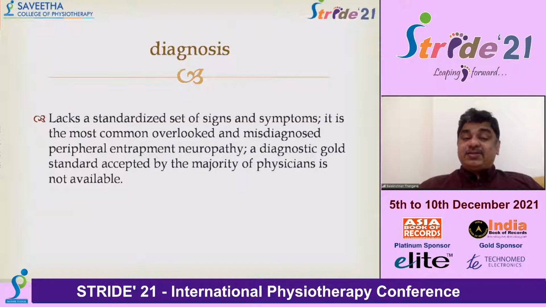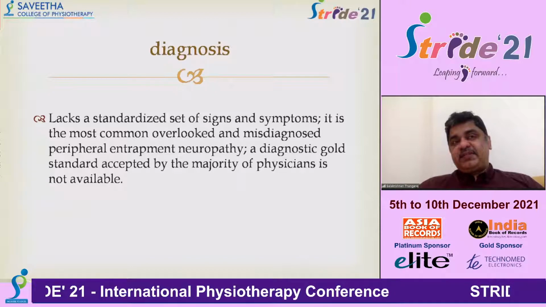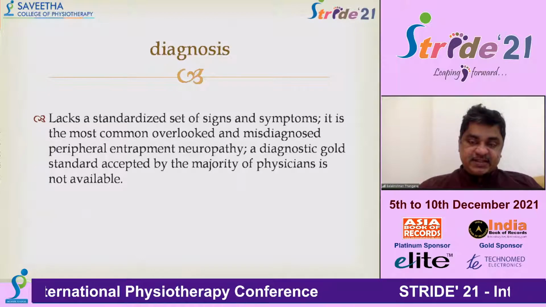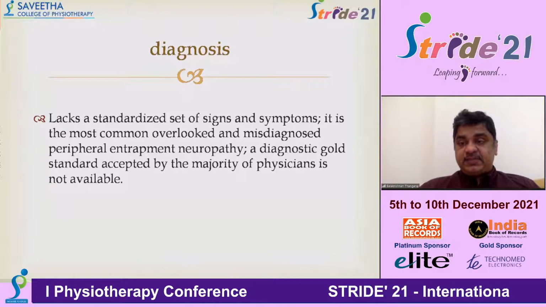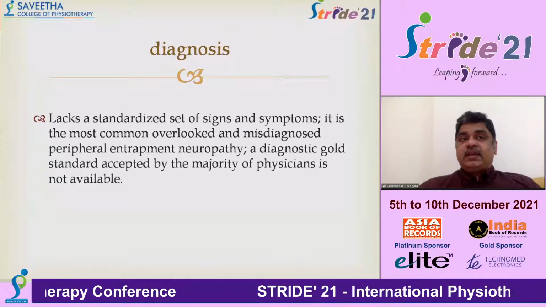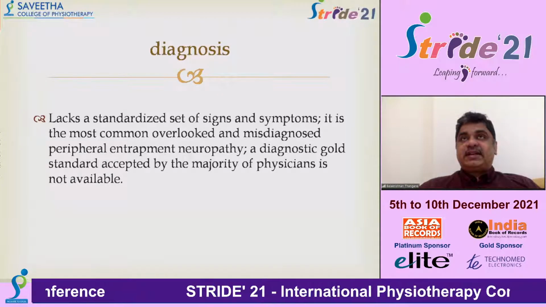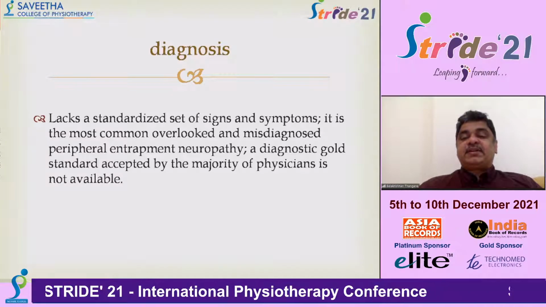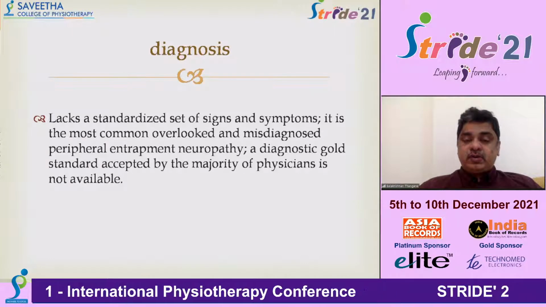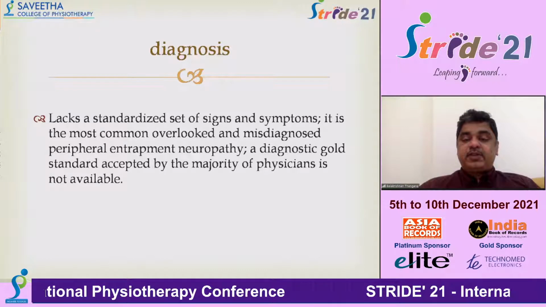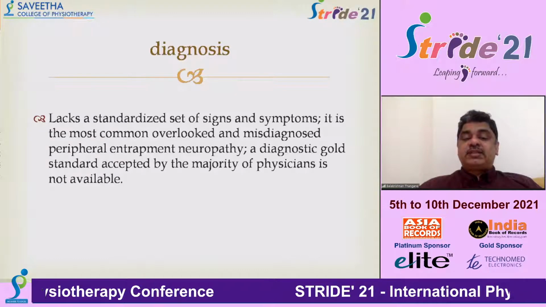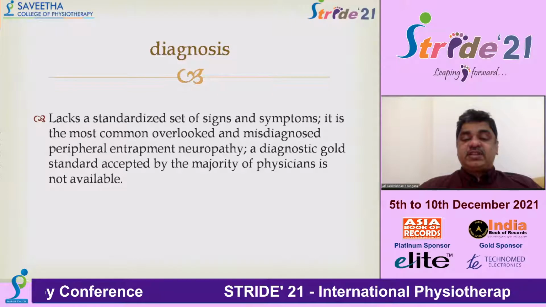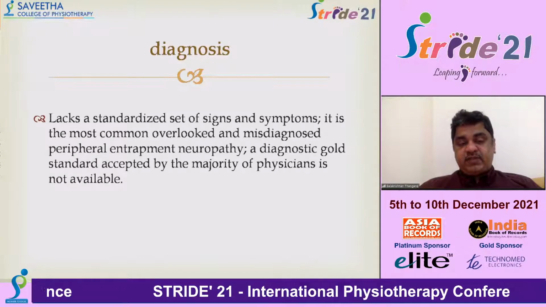How to diagnose it is the question, because we cannot have a proper diagnosis for these conditions. As I mentioned, it's a collection of symptoms. It's not a diagnostically easy condition. It's like a standardized set of signs and symptoms. It is the most commonly overlooked and misdiagnosed peripheral entrapment neuropathy. A diagnostic gold standard accepted by the majority of physicians is, unfortunately, not available for thoracic outlet syndrome.